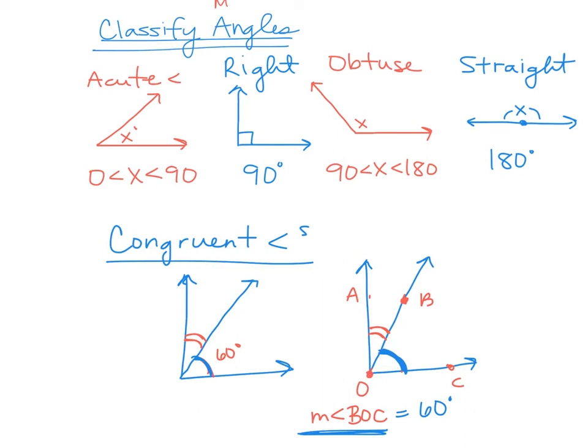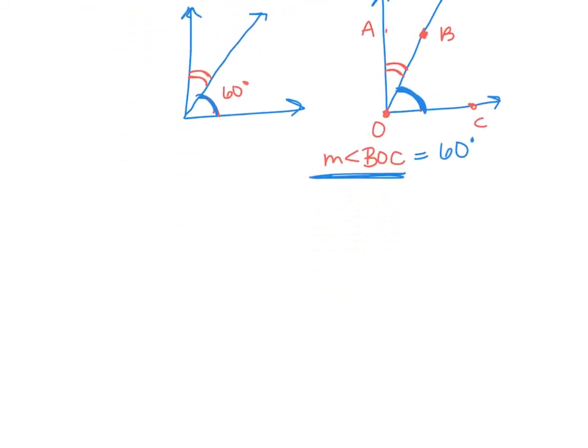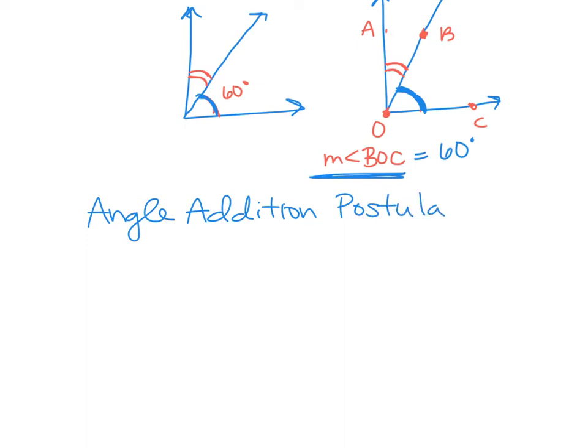Okay, so what we're gonna do with this today, we did segment addition postulate yesterday. Today we're gonna do angle addition postulate, so it looks very similar. Okay, and this one says this.